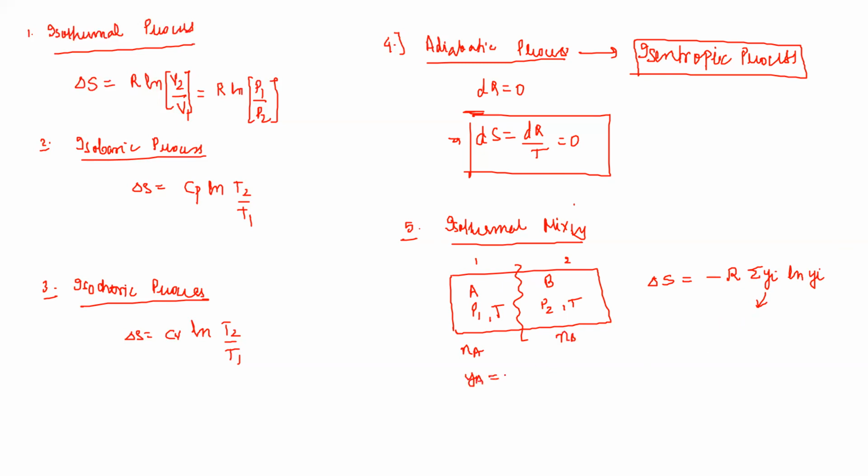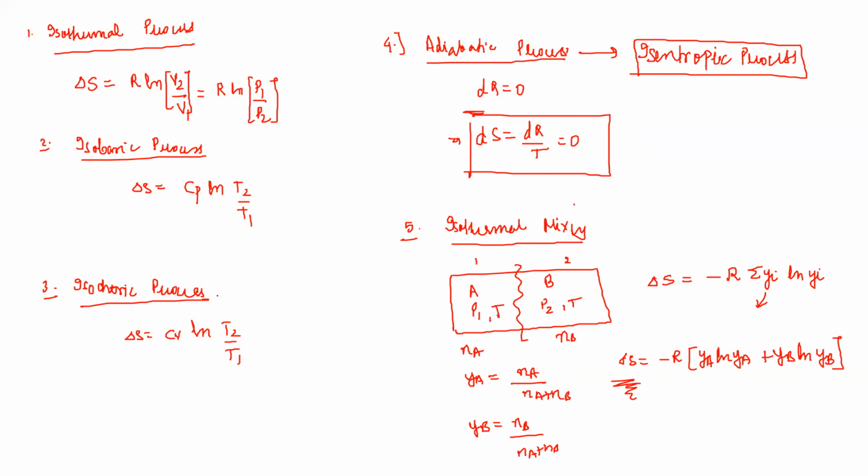So in that case, when they are mixed, Ya is going to be moles of A upon total moles, and Yb is going to be moles of B upon total moles, right? So we are going to have delta S is equal to minus R times Ya ln Ya plus Yb ln Yb. Okay, so this is the formula for entropy.